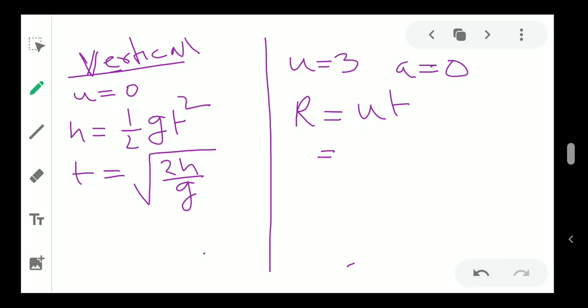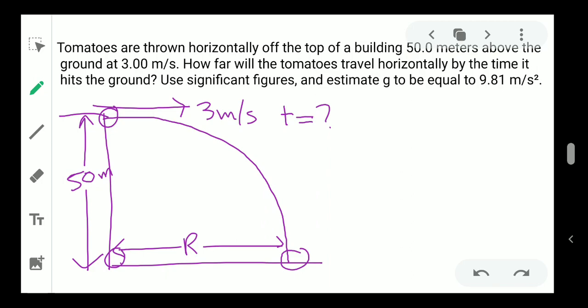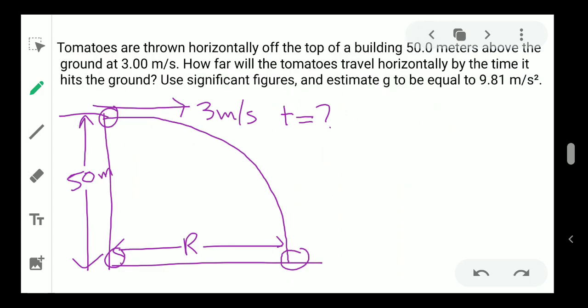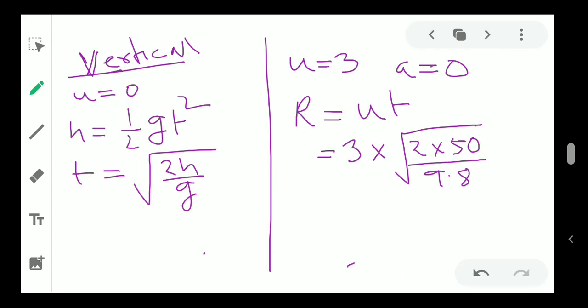So we can use now 3 into root over 2 into h, that is 50, divided by 9.81. If you find this out, I'm doing it for you, that is 100 divided by 9.81, square rooted, into 3, so the result is 9.57 meter.